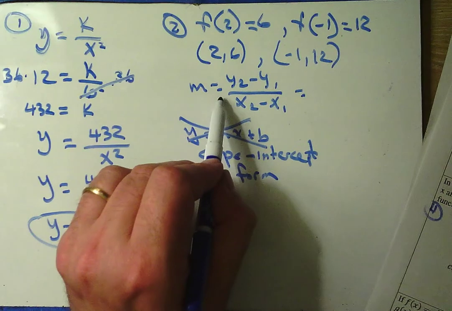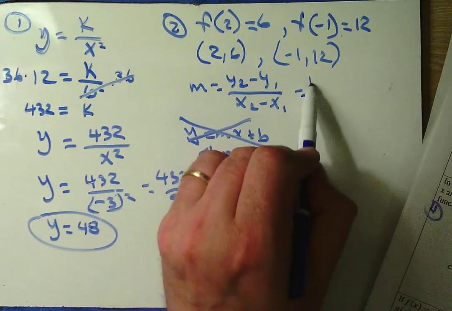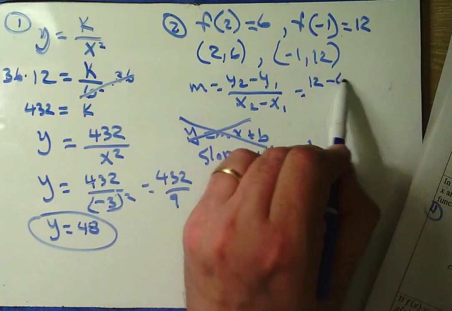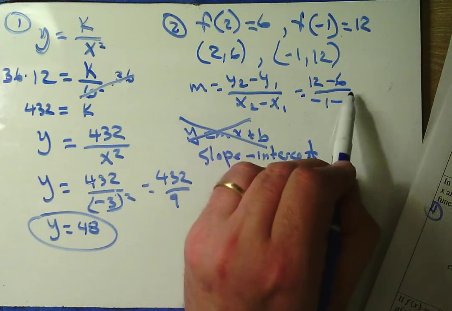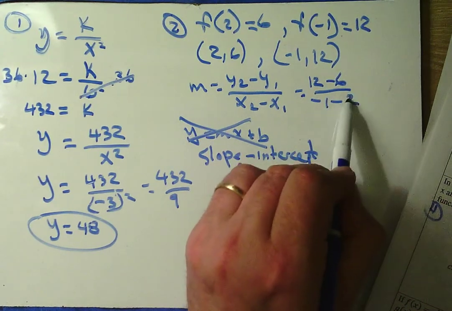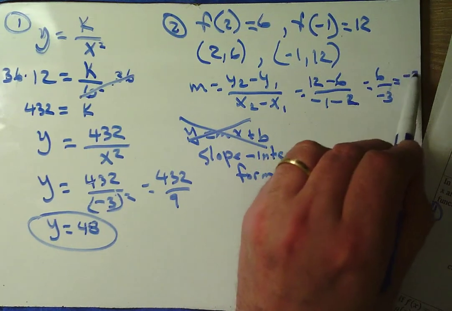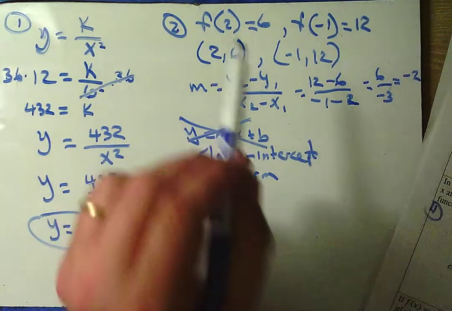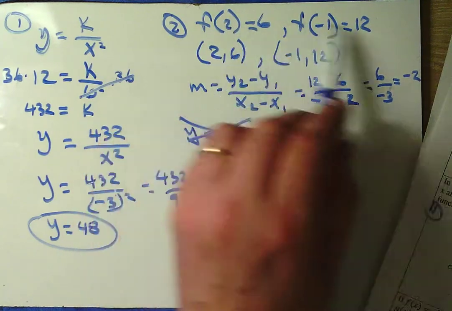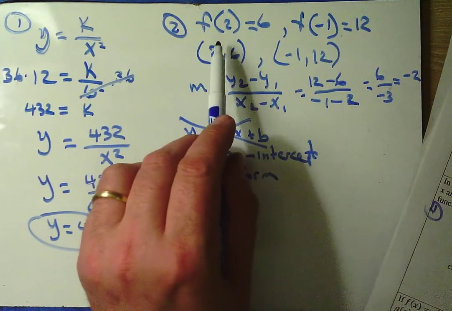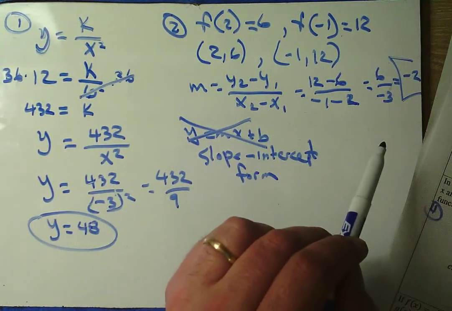This is the slope formula. The slope formula requires me to plug my y's in on top and my x's on the bottom. And so I get 6 over negative 3, which is negative 2. So I know the slope of f of x, the slope of the line connecting these points, is negative 2.